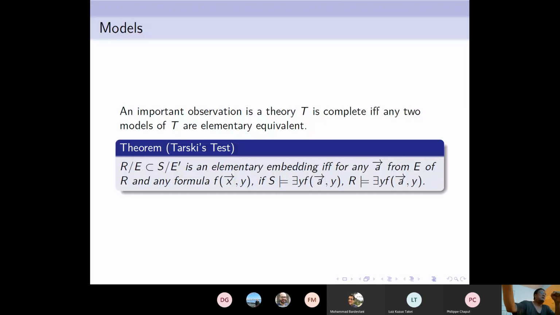So this is our cornerstone to prove the Nullstellensatz. Actually, it is a very easy consequence of this Tarski's test.